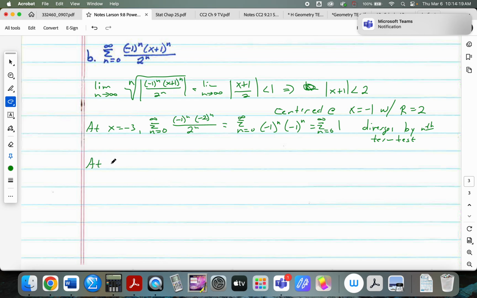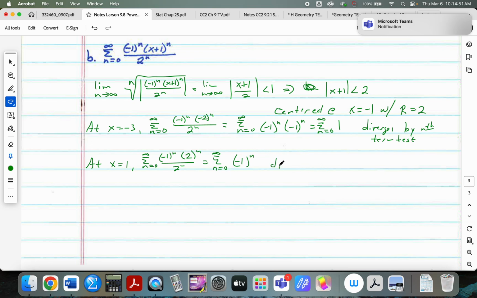And if you wanted to prove it, the easiest thing to do would be by the nth term test. And at x is equal to positive 1, we'll have the summation as n goes from 0 to infinity of negative 1 to the nth times 2 to the nth over 2 to the nth, which is the summation as n goes from 0 to infinity of negative 1 to the nth.